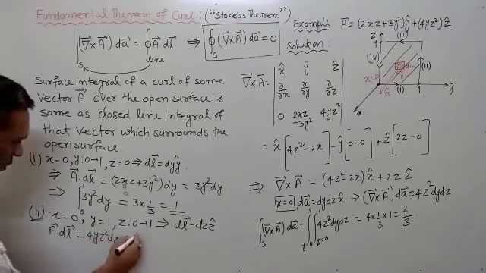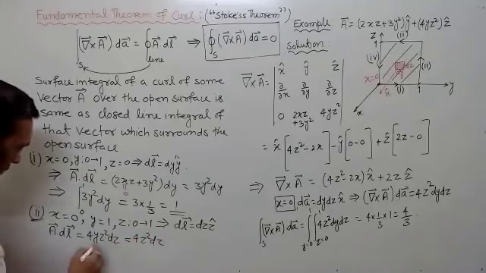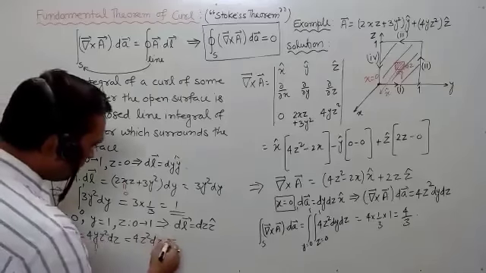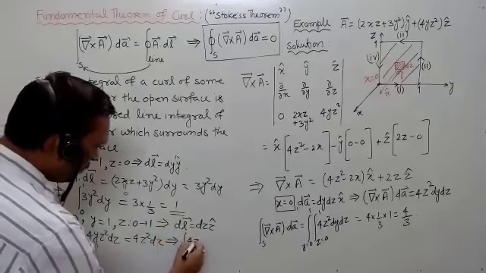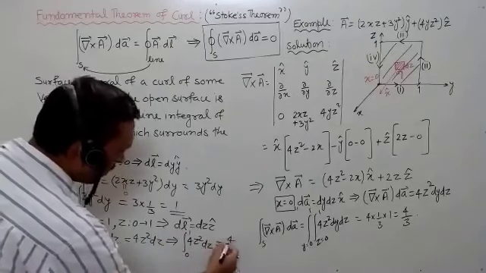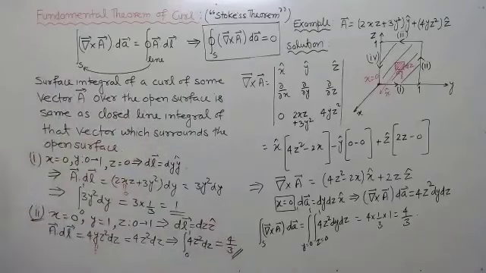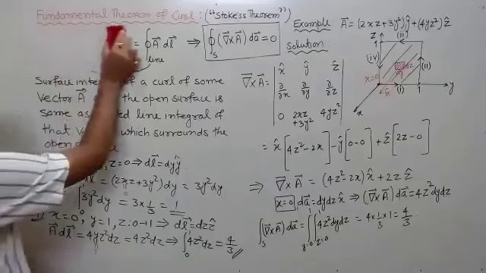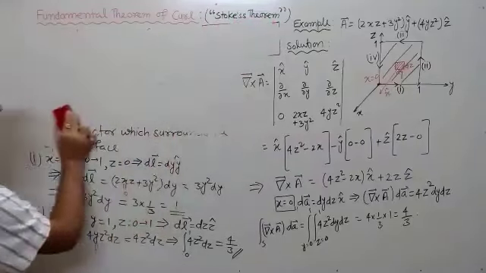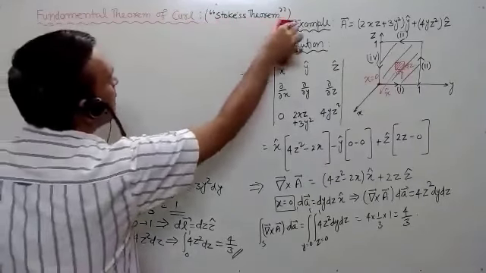Y is 1, so this is 4z square dz. Put y is 1. So this gives the integral of 4z square dz with limits 0 to 1, which is 4 by 3. So this integral value is 4 by 3. Similarly, you can find along segments 3 and 4.